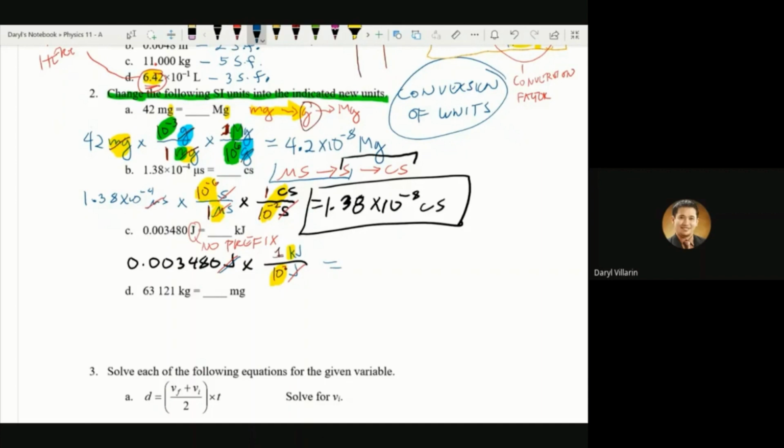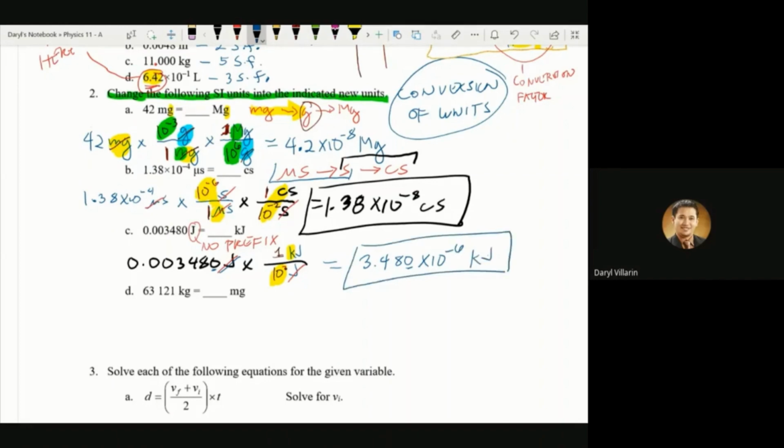So the final answer, if you do that in your calculator, should give you 0.480. Again, I'm taking note of the same number of significant digits as my original given. So the 0 after here is considered significant, so that is part of my final answer. And it is kilojoule.